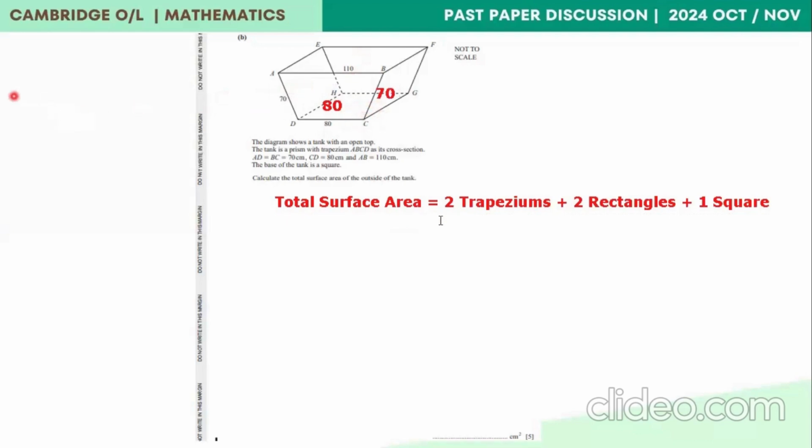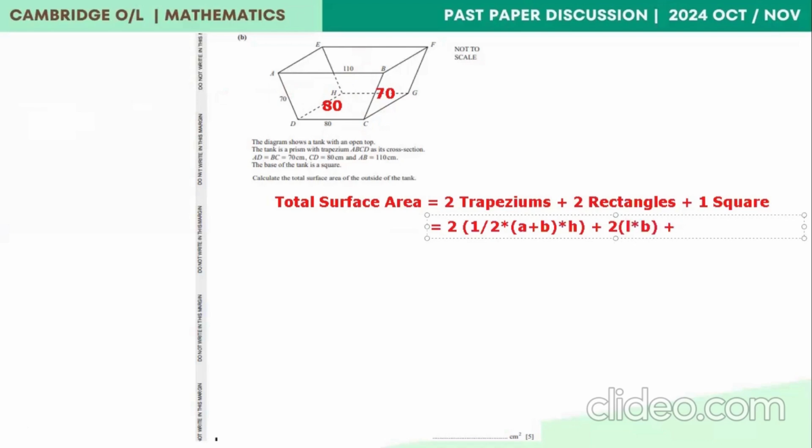Now we can write the formulas for area. Area of trapezium formula is going to be half into a plus b into height, and area of rectangle formula is going to be length into breadth, so 2 times length into breadth.